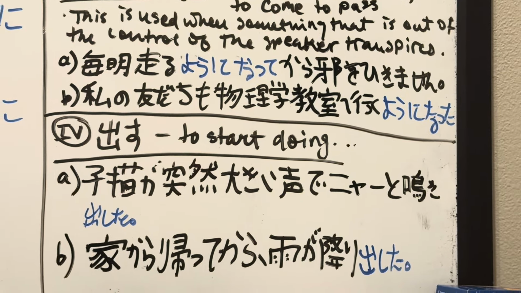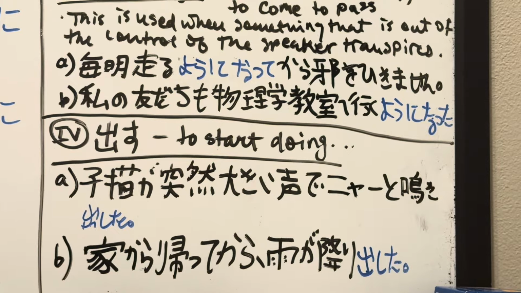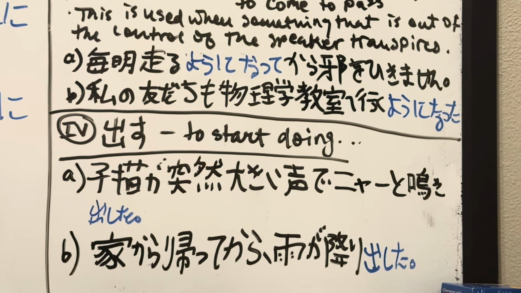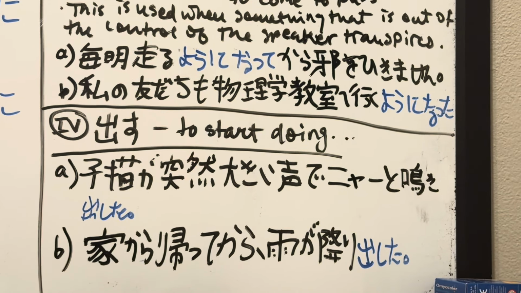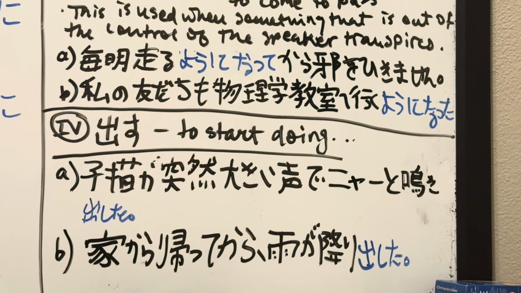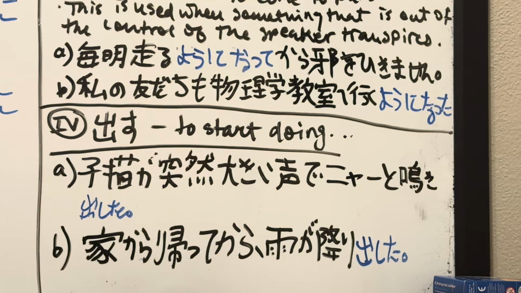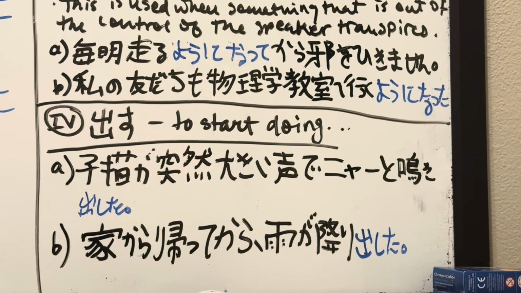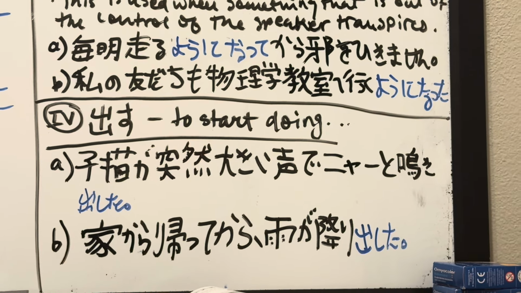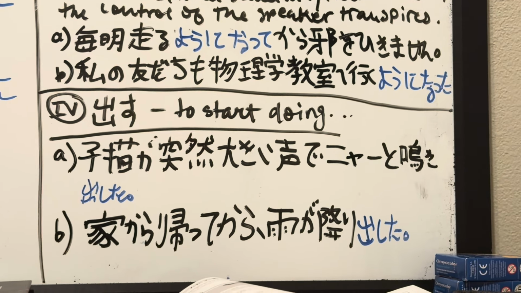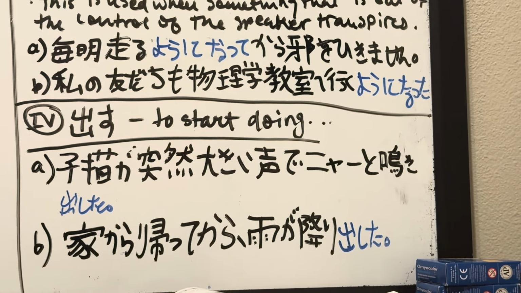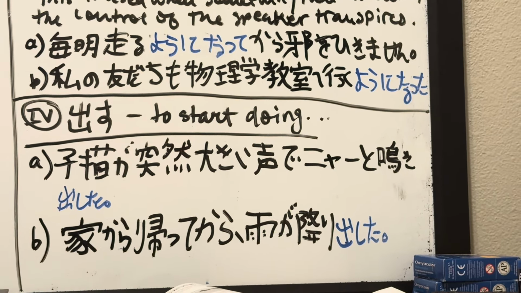Another example sentence. Oh, I meant to put made there. That needs to be made. But I returned. That's kind of a funky sentence. Ie kara kaite kara ame ga furidashita. This is why I don't do things at midnight, you guys. Since I returned from my house, is literally what that said.